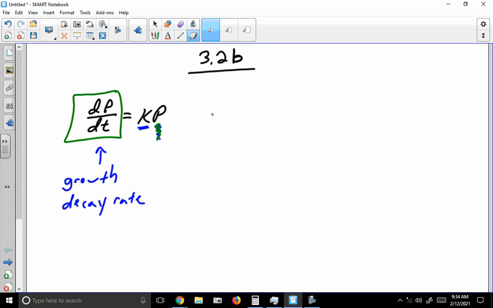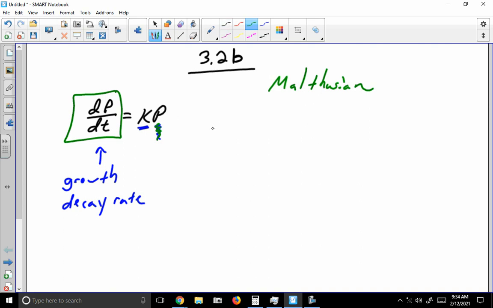So there are more complicated models, but this model is referred to as the Malthusian model. And for short time periods and for closed systems where the time period is not incorporating very much loss, this can be a fairly accurate model.